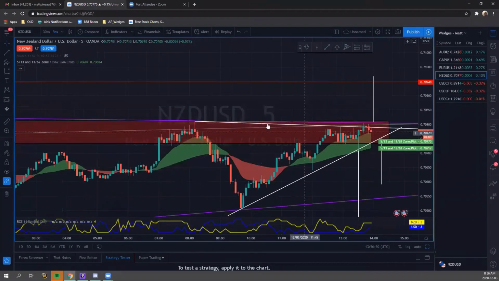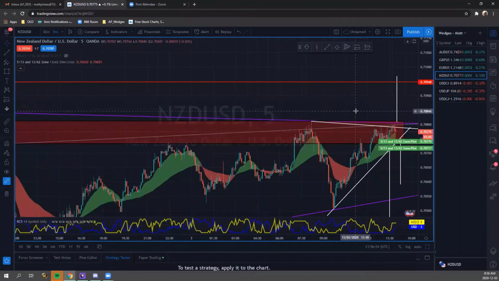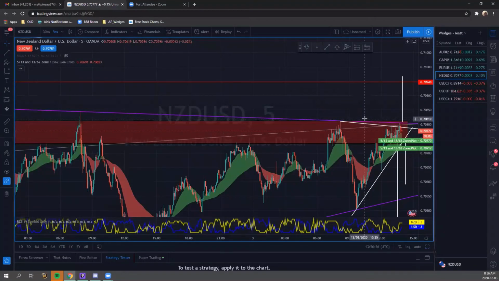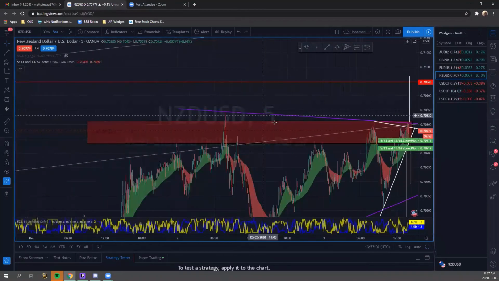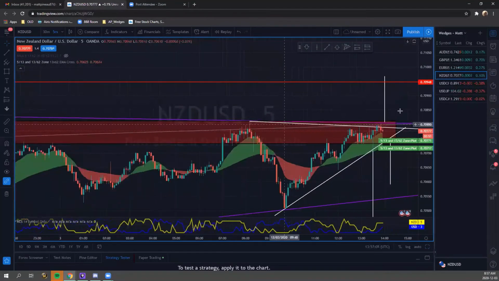So, whatever happens here, if it breaks, like we're going. If it breaks that too, but it's fighting here, and it's obvious why we're fighting right at this point.